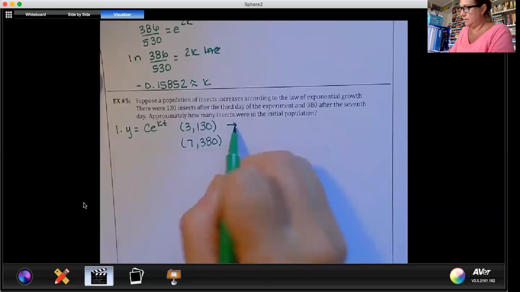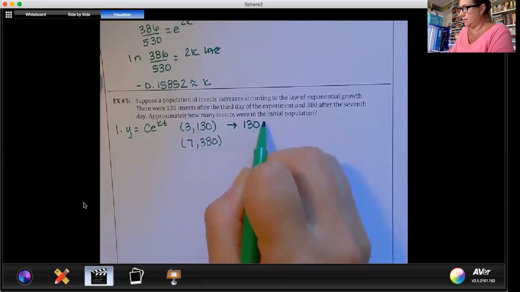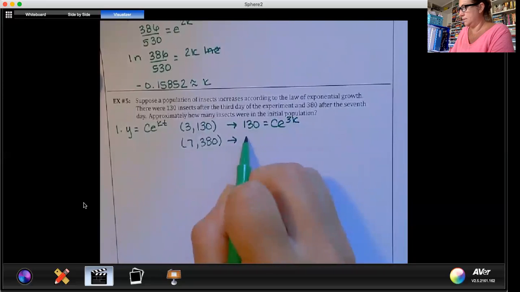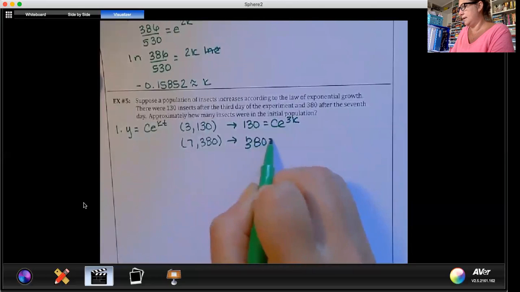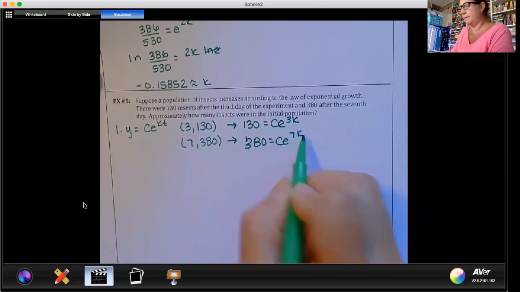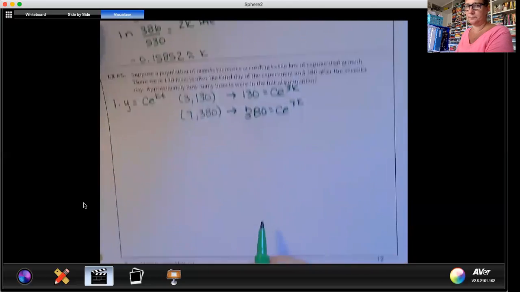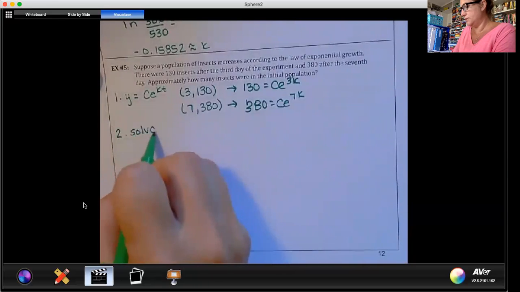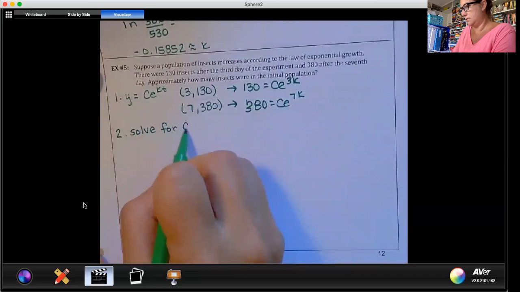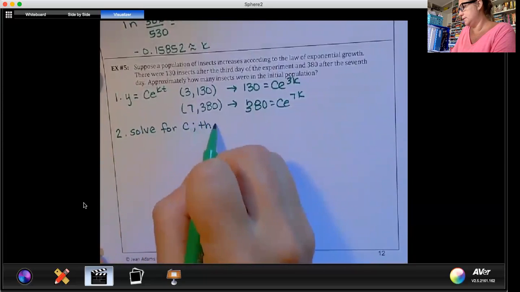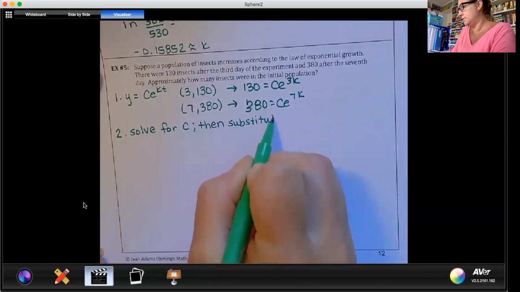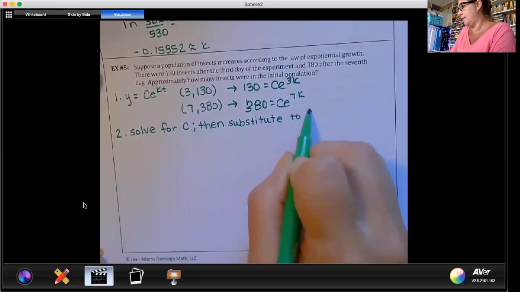So we know that this is 130 equals Ce to the 3k, and this one is 380 equals Ce to the 7k. So we're going to solve for C and then substitute to find k.